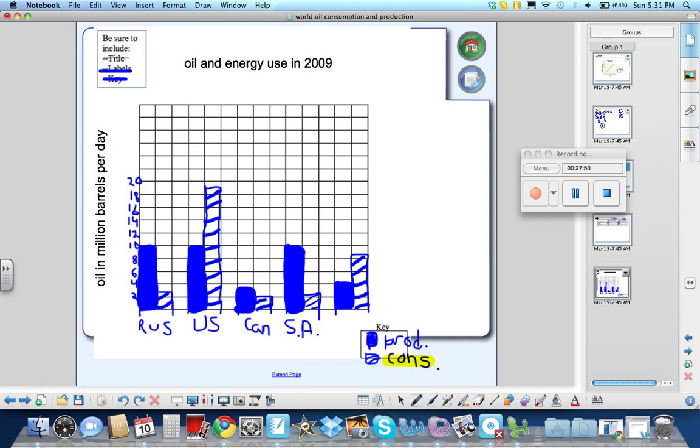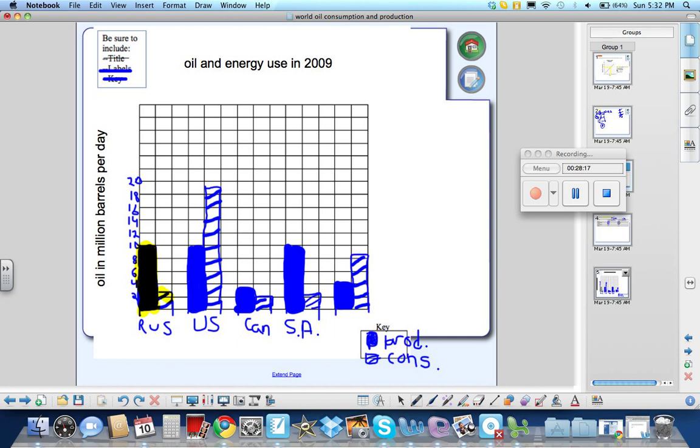Number 3, which countries produce more oil than consume? So which countries means more than one. So we're looking to see which countries has higher production than the consumption. That means we're looking for where the production is higher than the consumption, such as Russia.